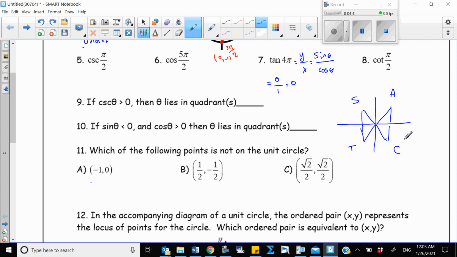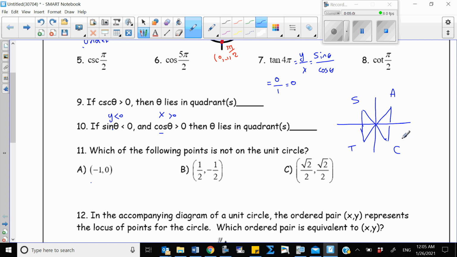So using this, and also you know that sine is y, here y is negative, it's less than 0. And cosine is positive, that's x. X is positive and y is negative. In which quadrant x is positive and y is negative? We know that on the right side of the y-axis, x is positive.